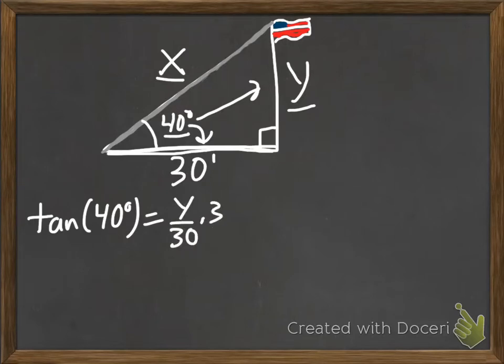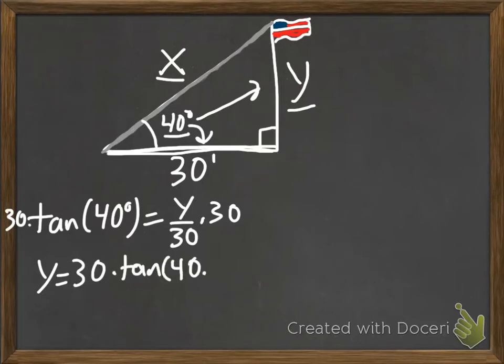Multiply both sides by 30, and we get Y equals 30 times the tangent of 40 degrees. Let's just round this to the nearest tenth. We plug this in a calculator and we get 25.2 feet tall. So we know the flagpole is 25.2 feet tall.